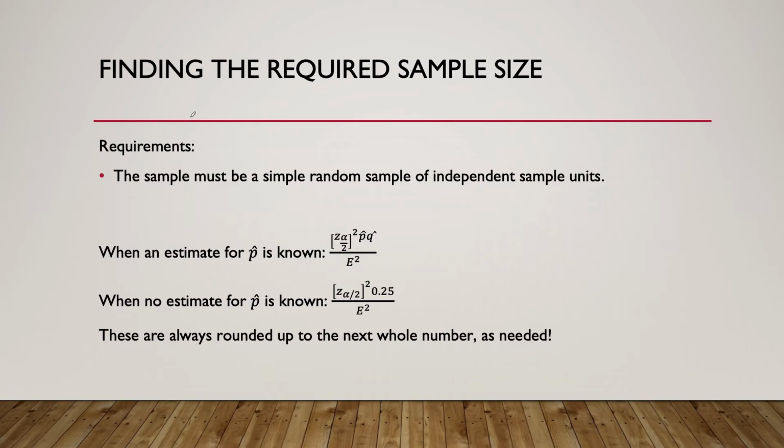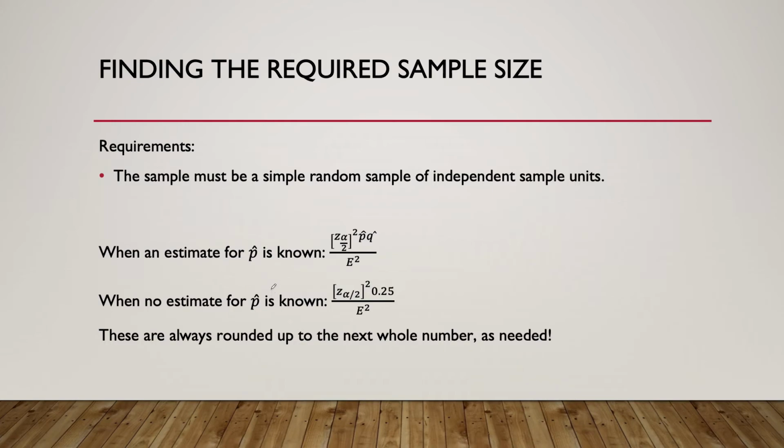The requirement for finding the required sample size is that the sample must be a simple random sample of independent sample units. When an estimate of p-hat is known, we take z sub alpha divided by 2 squared times p-hat times q-hat divided by the margin of error squared.